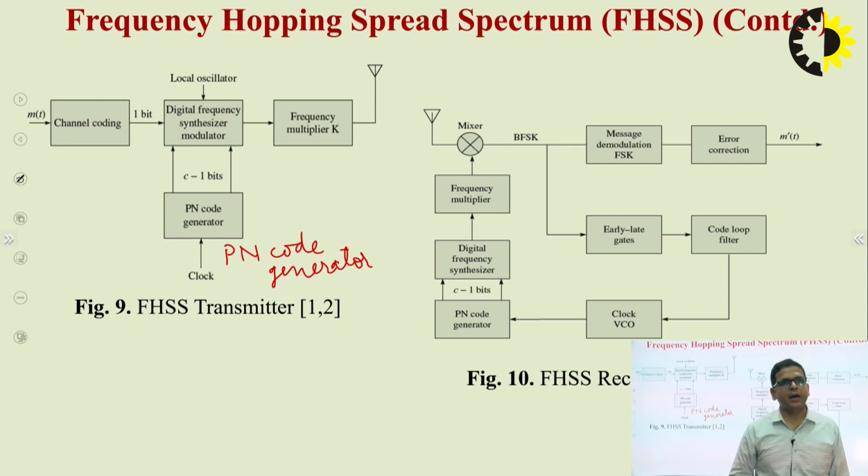At the receiver side, the same PN code is used to derive the original baseband signal from the received signal. Generally, in frequency hop spread spectrum, we use binary phase shift keying modulation for the transmission of signal over long distance.